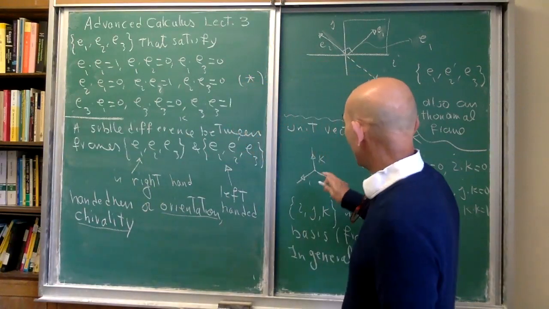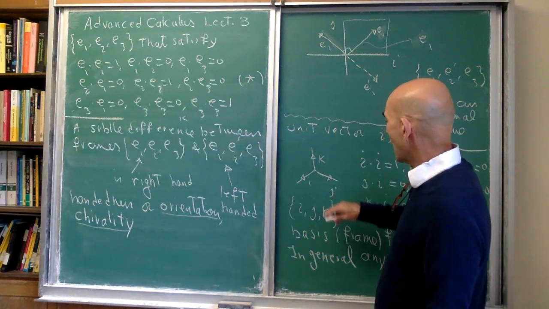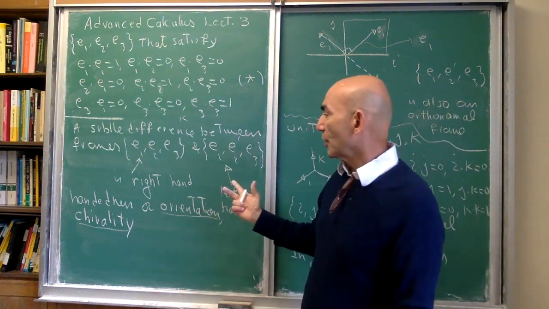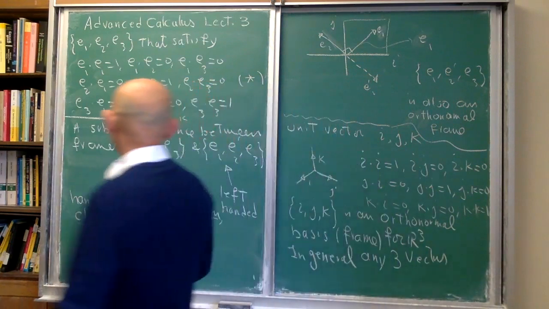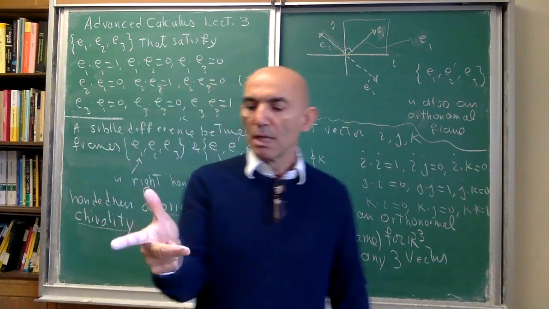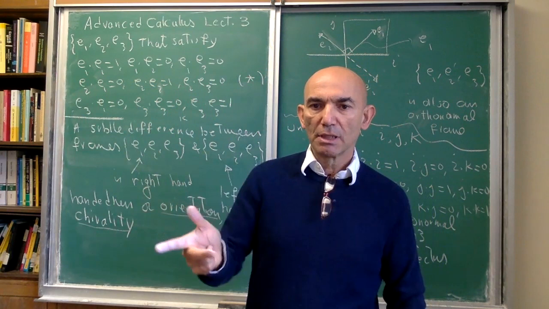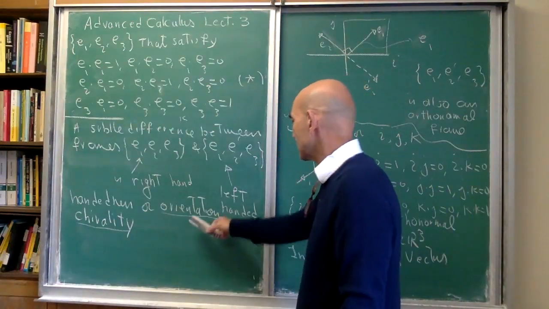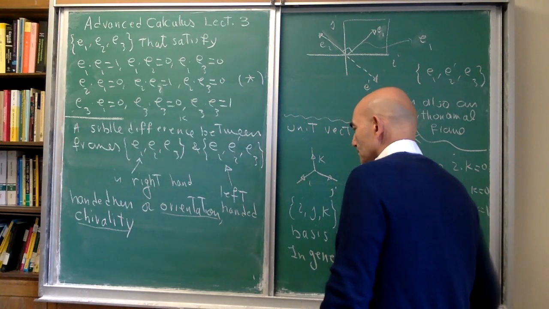I want you to pay attention to the fact that this basis, E1, E2, E3, has the same orientation or handedness as IJK, right? And the reason is this so-called right-hand rule.